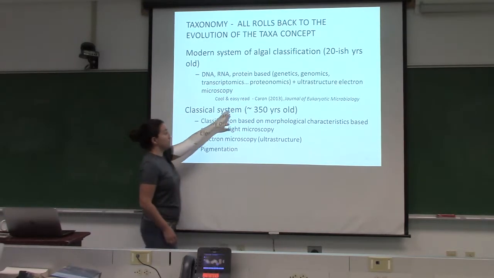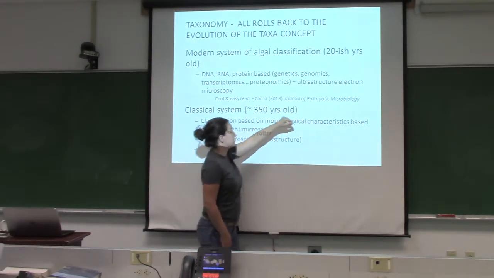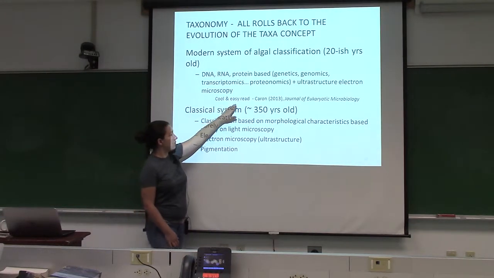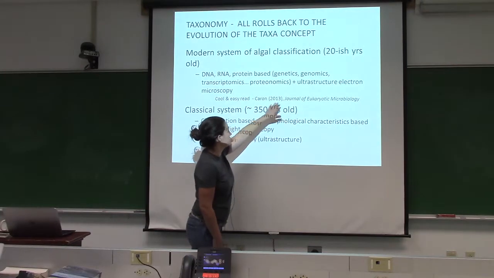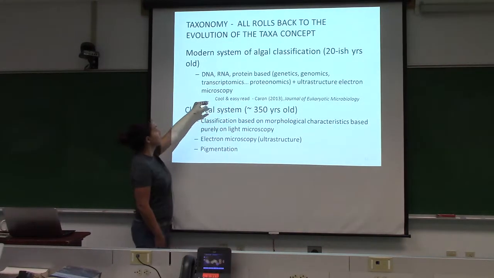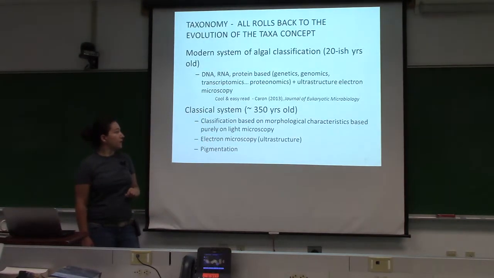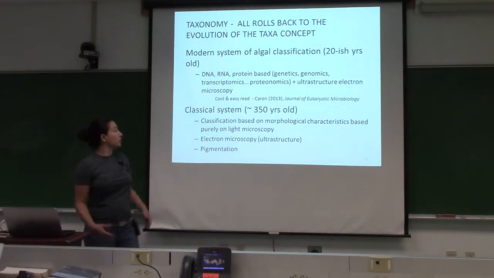And also the development of higher precision methods in ultrastructure electron microscopy. And I'm going to put probably this paper inside that's from the last year. It's a really cool paper and actually talks about all these molecular methods that allow you to discern different taxonomic types within the phytoplankton group.